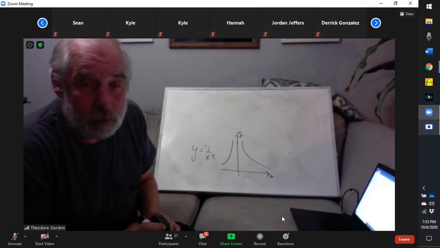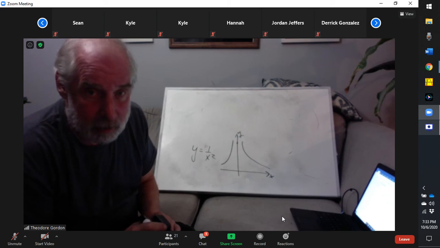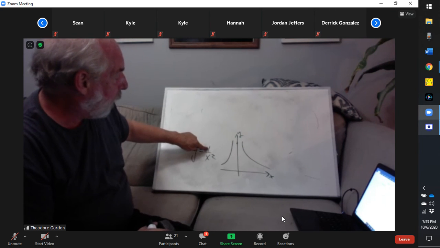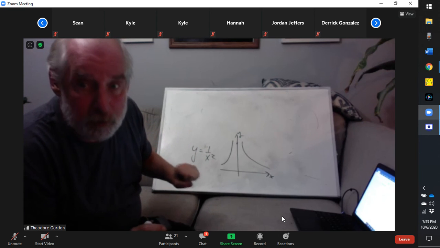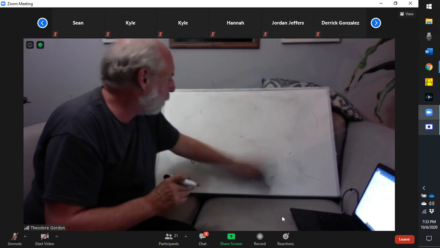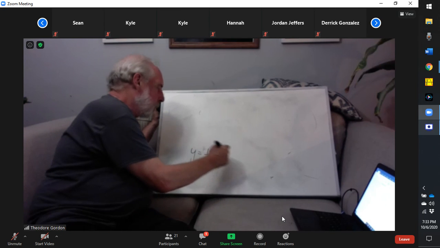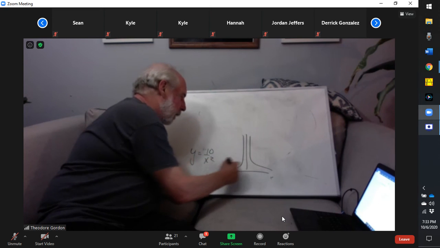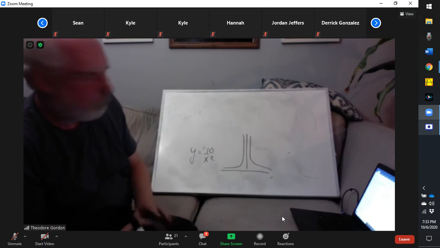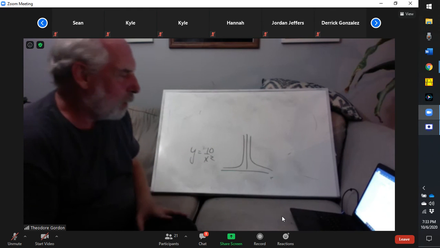Well, it makes it grow 10 times faster, right? This is a 1 on top. If you multiply by 10, the y values get bigger 10 times faster. So if you put a 10 on here, it looks like this. It just looks much tighter. It tightens it up. So this is our function.